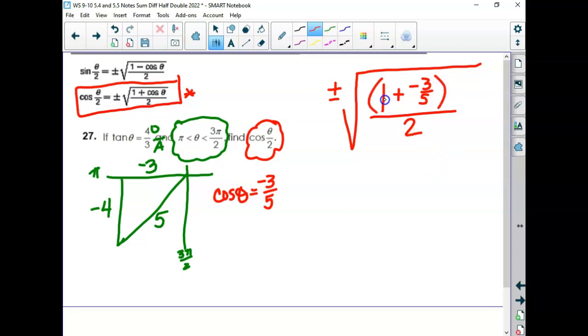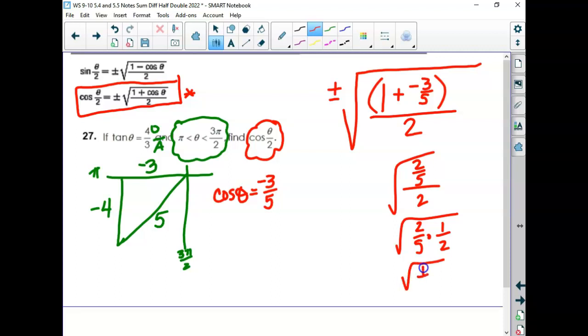I'm going to do it without a calculator. This would be 5/5 plus negative 3/5 would be 2/5 divided by 2, or 2/5 times 1/2, which would be 1/5. Did anybody do the insides only and get a 1/5?